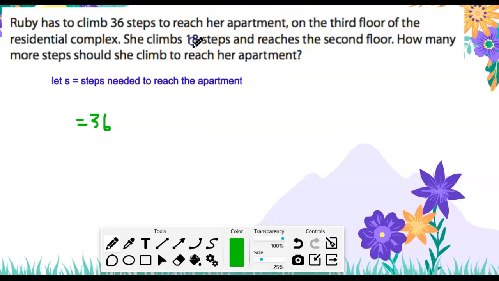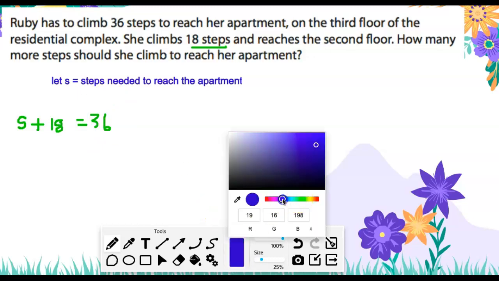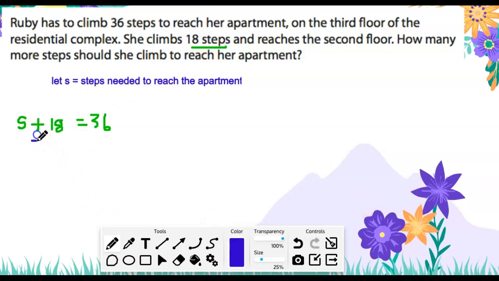So she already got 18 steps. She needs more to reach that. So the number of steps that she needs plus the 18 that she already has completed gives 36. So how many more steps does she have to do? Again, using inverse operation, we could do minus 18 on both sides to isolate the variable s. And then we combine. 18 minus 18 is 0.